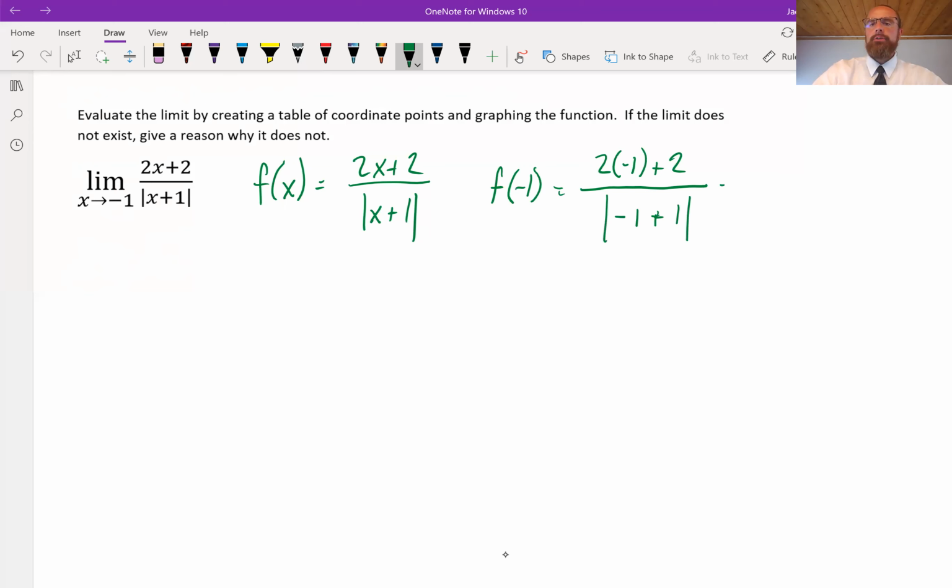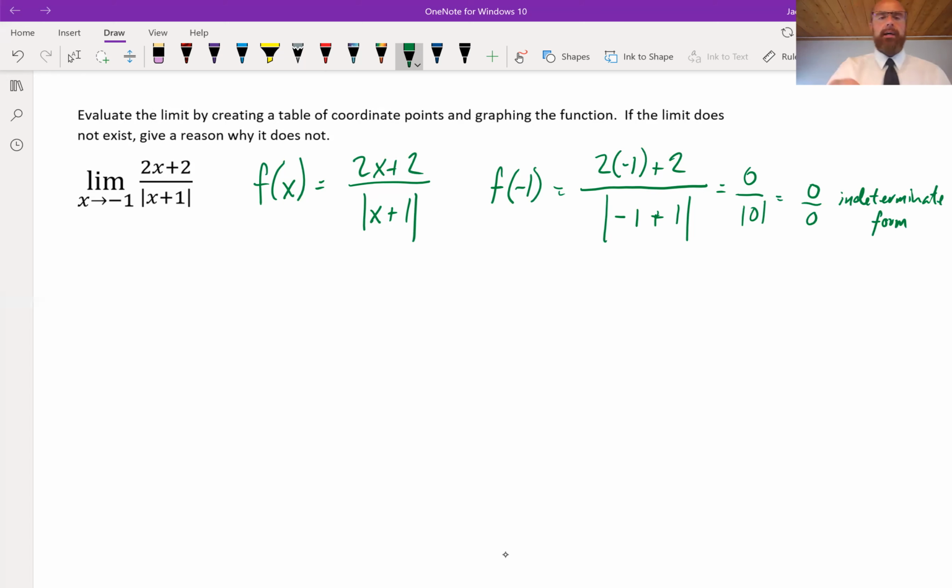For our numerator, 2 times -1 is -2, plus 2 is 0. What am I going to get for denominator? Absolute value of 0. And how far away is 0 from 0? 0. So again, we're running into that same division by 0, which is undefined. It's an indeterminate form. So we again are running into that same problem. I can't use direct substitution.